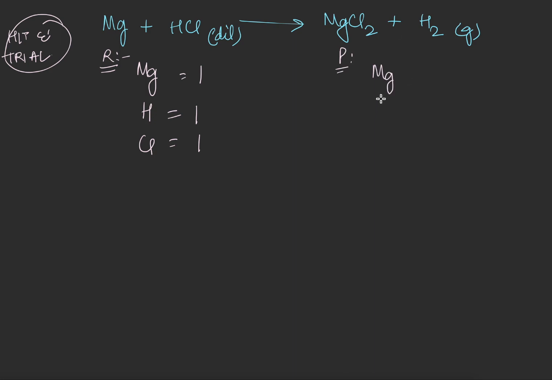How many atoms of magnesium? The number of magnesium atoms is actually the same. So there is 1 atom of magnesium. If you look at the number of chlorine atoms, how many are there? At the bottom of Cl, there is the number 2. So there are 2 atoms of chlorine, and at the bottom of hydrogen, there is the number 2. So there are 2 atoms of hydrogen.